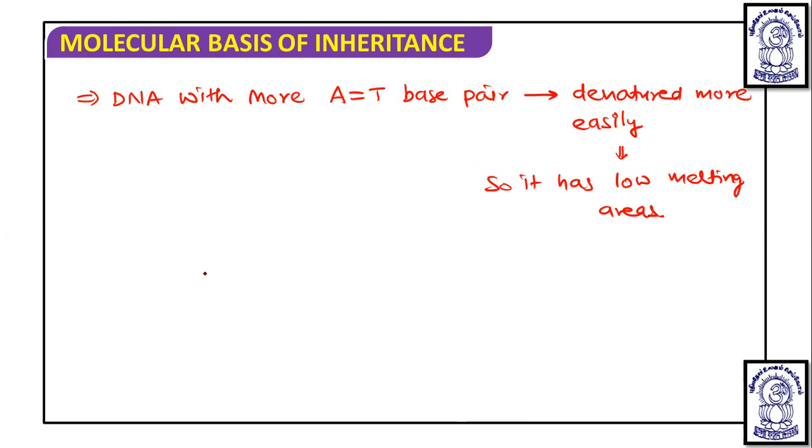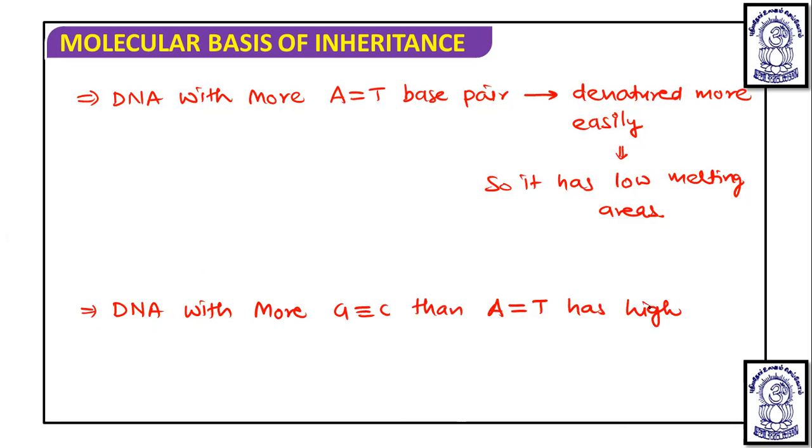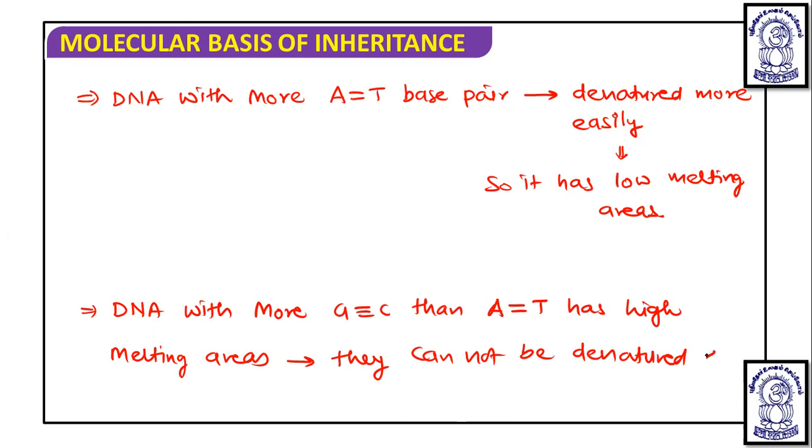Whereas DNA with more GC has high melting areas and cannot be denatured easily.